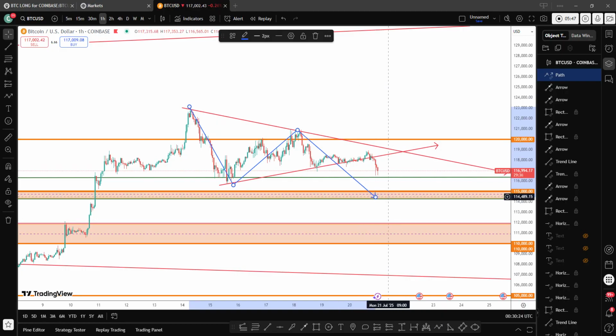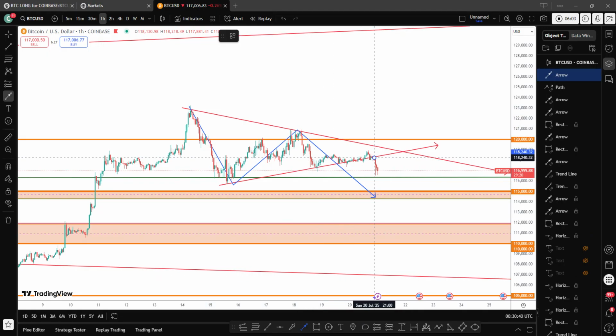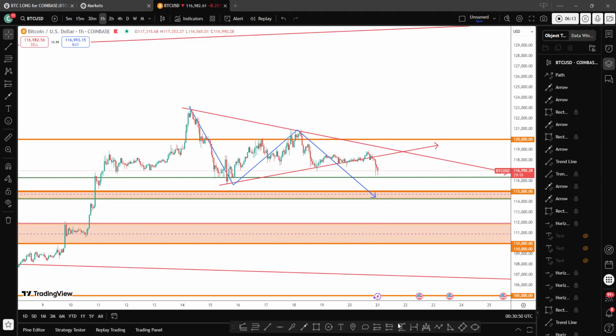So, but before then, we'll see market reaction here on this area. That will be, we'll be seeing price move up to retest this place. Then we'll see something like this. Something like this is happening. Something like this. This is what is happening here.